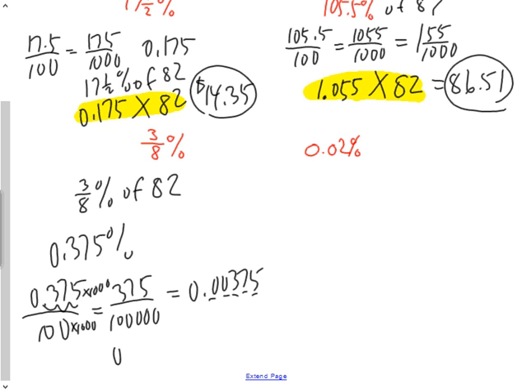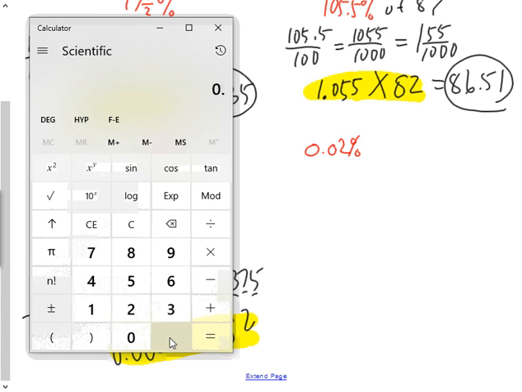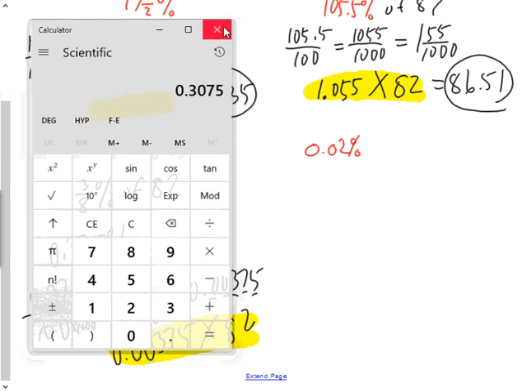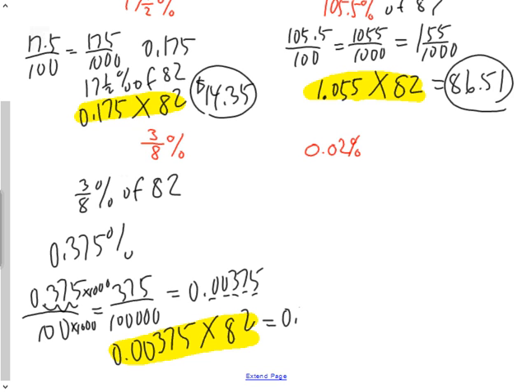So all of this work is for this particular sentence right here, which is worth your 1 point. 3/8% of $82 is 0.00375 times 82, which if we grab our calculator and go 0.00375 times 82, the answer is 0.3075, which is dollars.